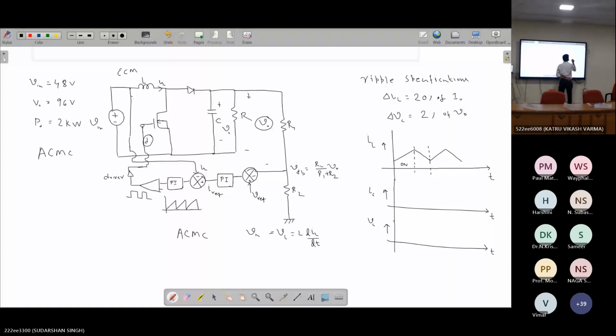So this slope is Vin by L, and the ripple current means the peak to peak current, so maximum to the minimum. So this is your ripple current. So delta IL, I can write, is nothing but your slope times the corresponding time.